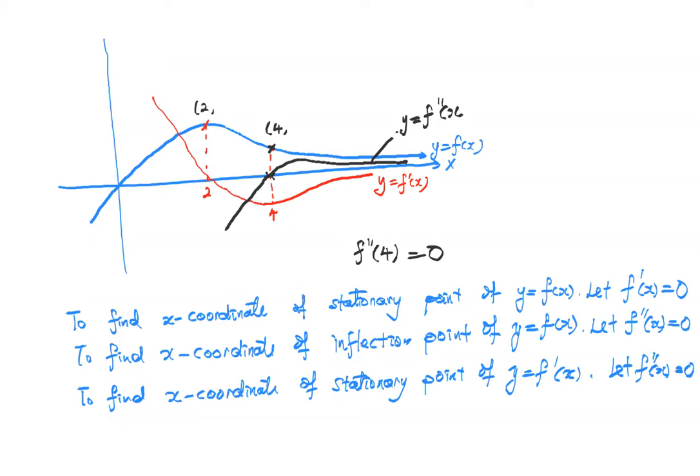So these two are the same thing, but I'm talking about different functions. So I can conclude that the x coordinate of the stationary point of y equal to f'(x) is the same as the x coordinate of the inflection point of y equal to f(x). Isn't it?